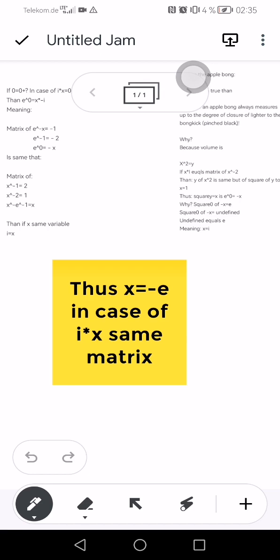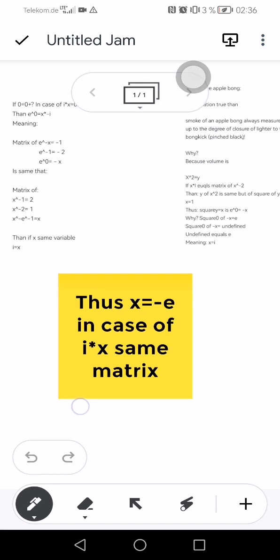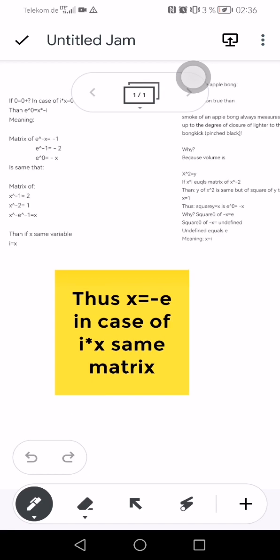then if you calculate them to each other, e times square 0 or e square 0 equals minus x, the x then minus, funny to say, calculated to the matrix of that equation equals basically that, wait a second, e square 0 minus x square minus 2 equals 1.